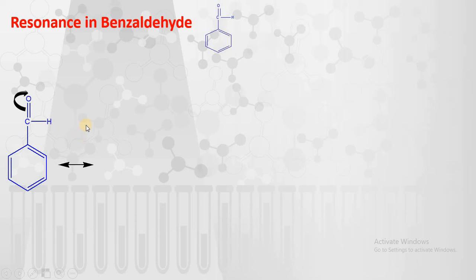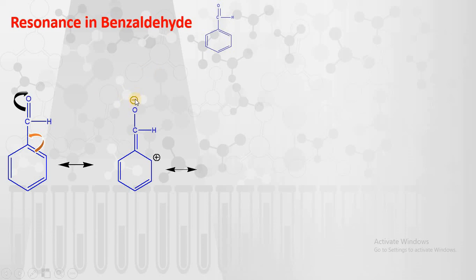So let us see this structure. What happens? Oxygen is more electronegative, that's why it is going to abstract the electrons towards itself by this resonance effect. The electrons from the benzene ring move towards this carbon atom, because this carbon becomes electropositive and abstracts the electrons. Then the next structure is formed like this.